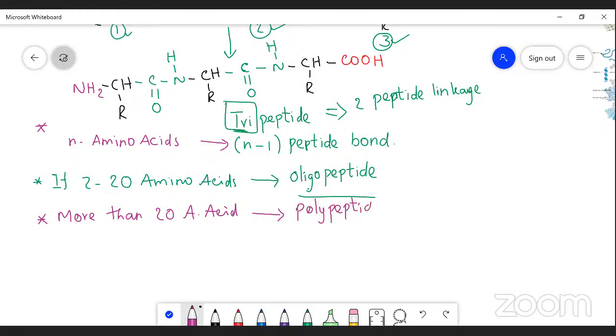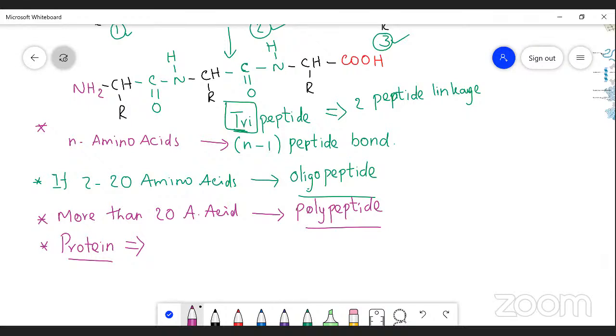So here proteins are chemically polypeptides. Listen here, if you are taking a protein, it is a polypeptide, that is, more than 20 amino acids. Most probably more than 100 amino acids are joined, then we may get a protein.